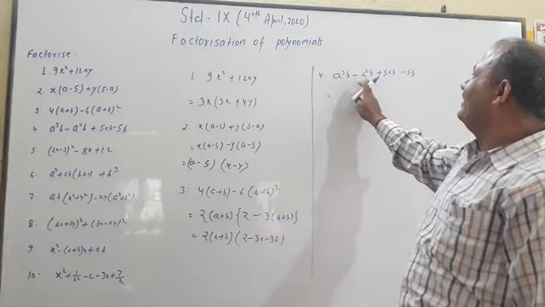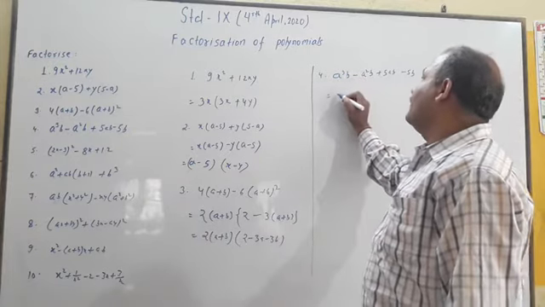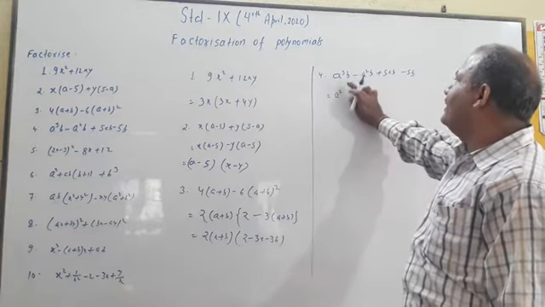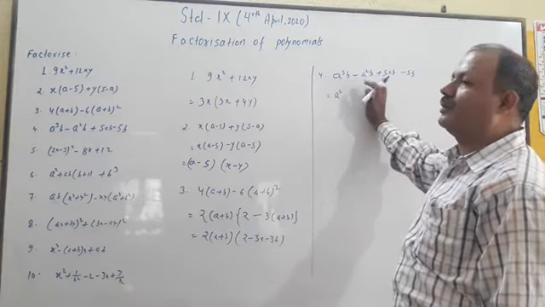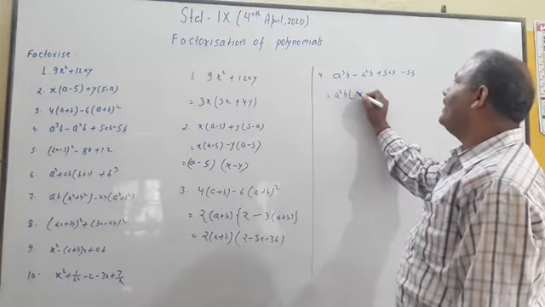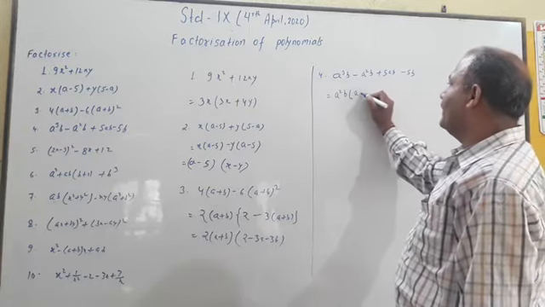What we find? Here cube of a, here square of a. Therefore, we will take a square as common, and b is common in both of the terms. Then we will take b as common, and we are left with a. Here a square b is already taken, and therefore minus 1.